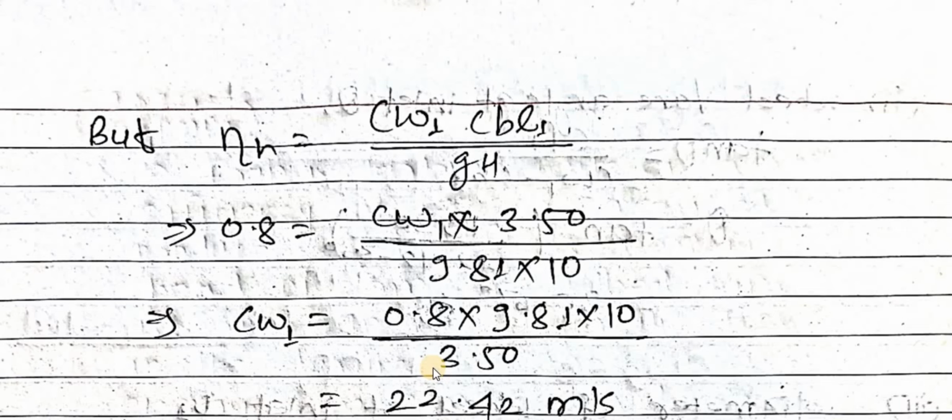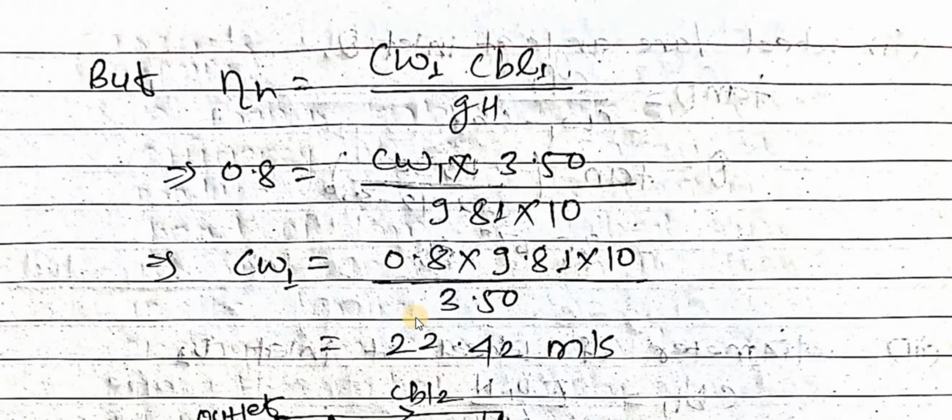Now we know hydraulic efficiency equals Cw1 Cb1 upon gH. We have already defined hydraulic efficiency 0.8, equals Cw1 into Cb1, already defined 3.05, upon the value of g, 9.81, and the value of H, 10 meters. Then from above we get the value of Cw1, that is 22.42 meters per second.